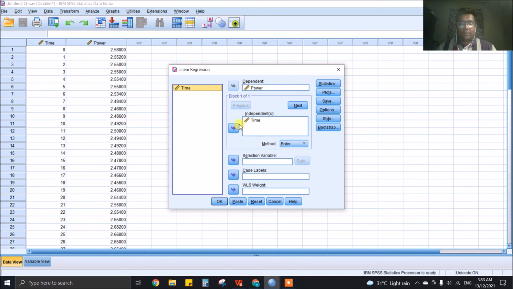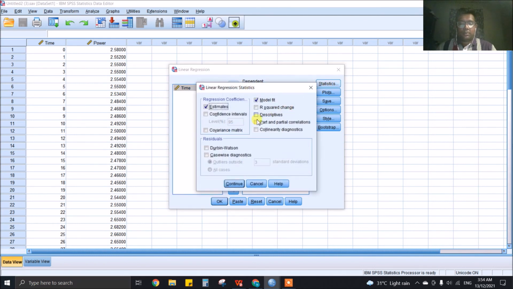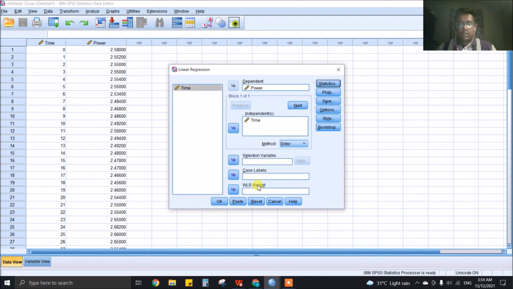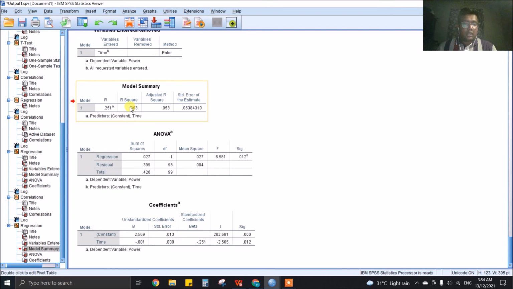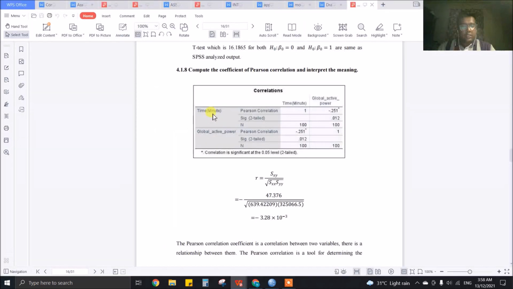For independent, we have moved time into the box. For statistics, plots, and everything, we just leave the default, then press OK. This is the data that we have obtained for the coefficient of determination, the table from SPSS.